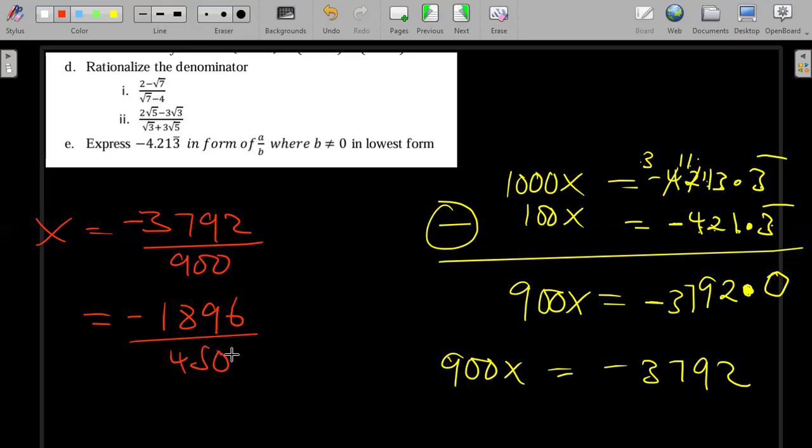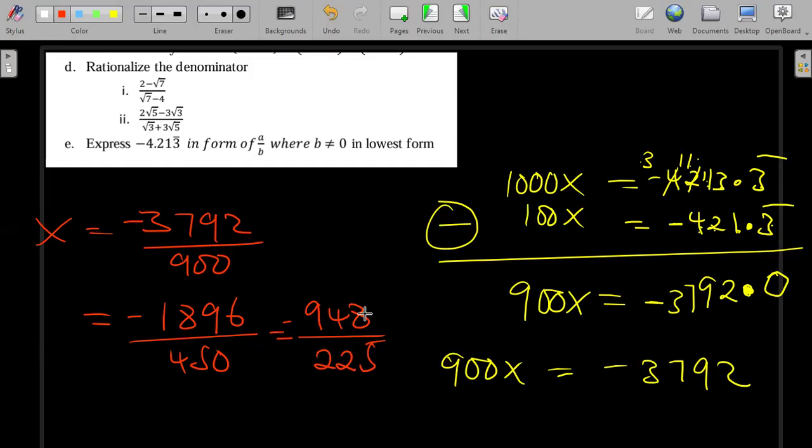This is ending with 6, and this is ending with 0, so it can be divisible by 2 again. So 1896 divided by 2, I'm going to get 948, and 450 divided by 2 gives 225.